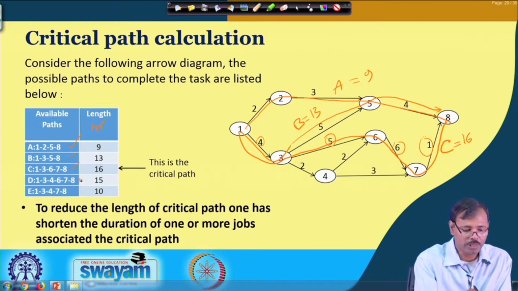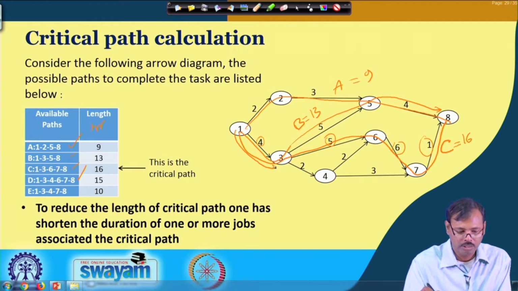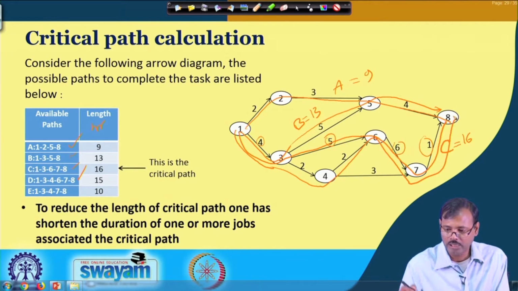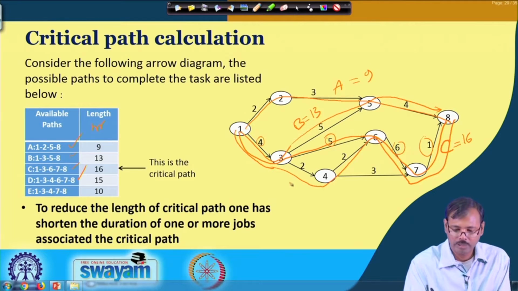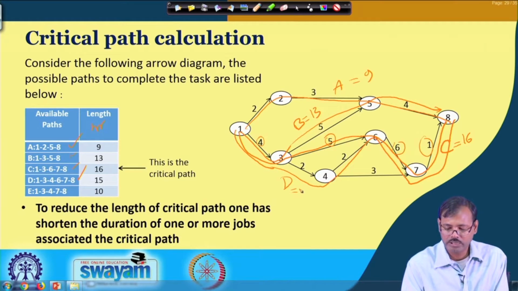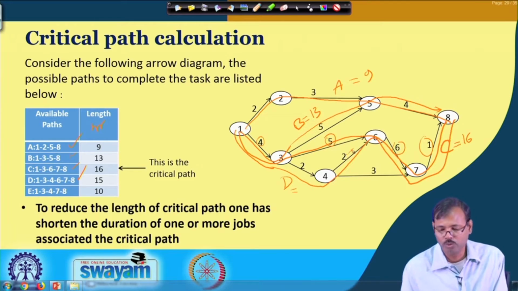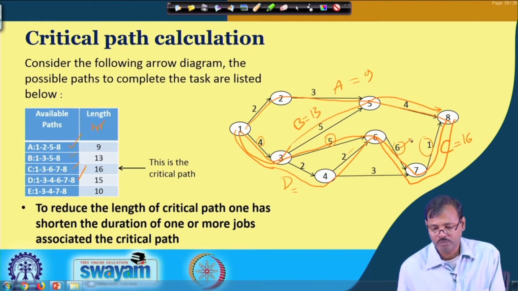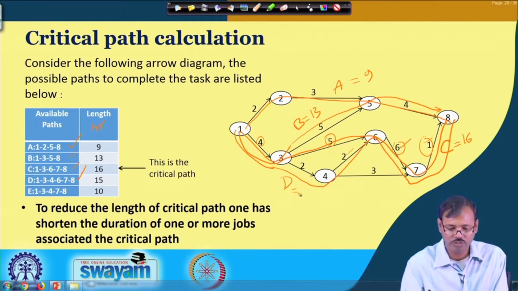Then let us consider path D, which is 1, 3, then 4, then 6, then 7 and then 8. So, this is path D, which takes 4 plus 2 is 6, 6 plus 2 is 8, 8 plus 6 is 14, 14 plus 1 is 15. So, this takes 15 hours.